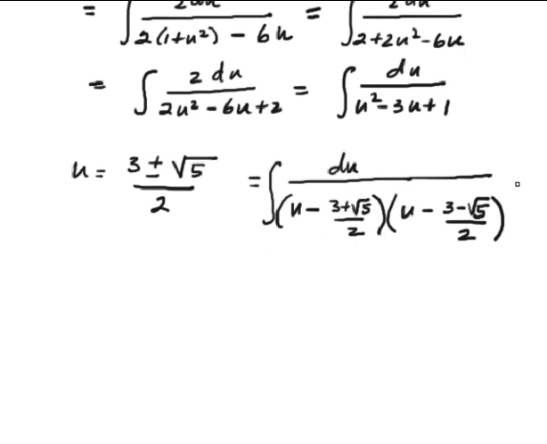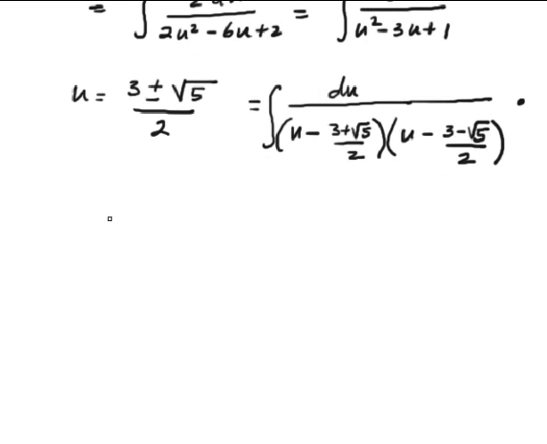All right, it's actually easier, we'll come back to this. Let's suspend this for a second. It's actually easier to do the method of partial fractions on something of the form, let's say, 1 over u minus r times u minus s.